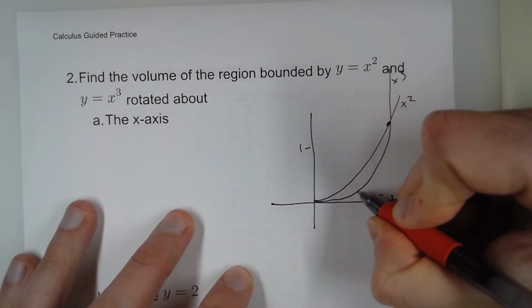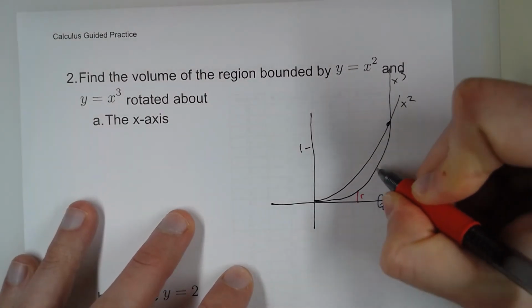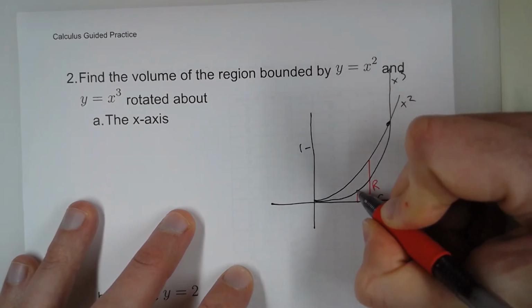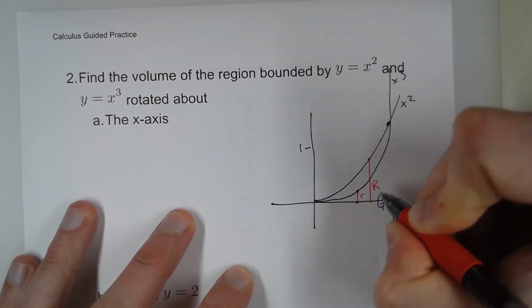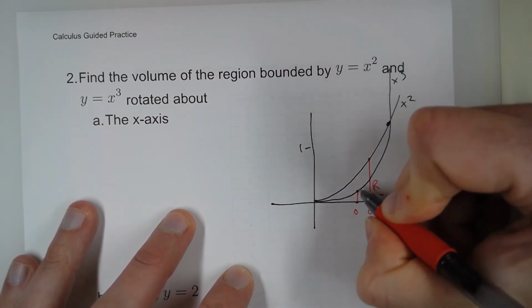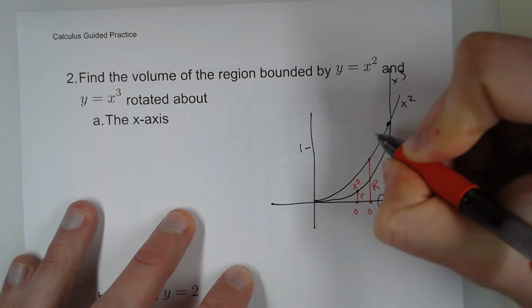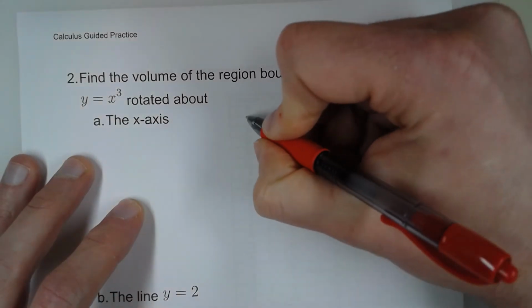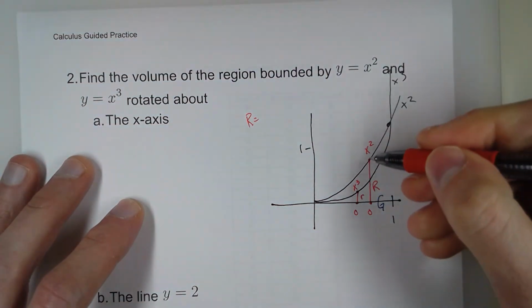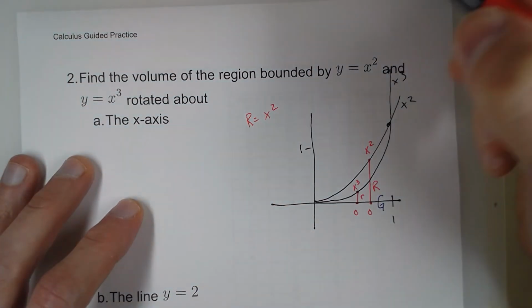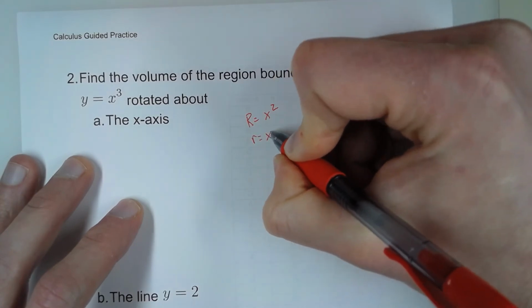So from here to here, this is little r. And from here to here, this is big R. So the bottom of this is 0. The top of this is x cubed. The top of this is x squared. So big R is x squared minus 0, and the little r is x cubed.